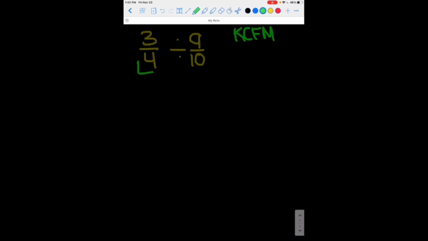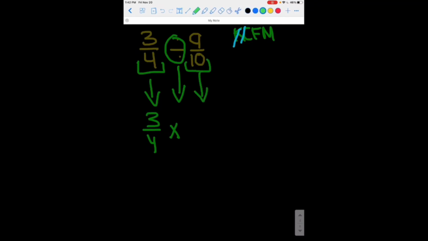So 3/4 would just stay 3/4. You would change this into a multiplication sign. So you've done these two. Now we'd flip. So when you're flipping, again, the reciprocal of 9/10 would just be 10/9, and you would now just multiply straight across.